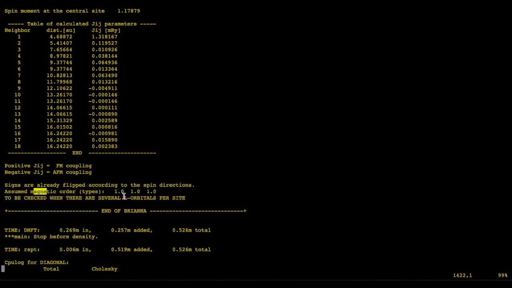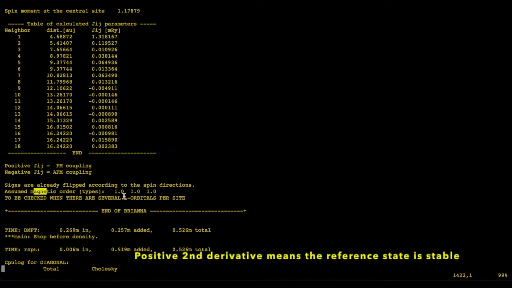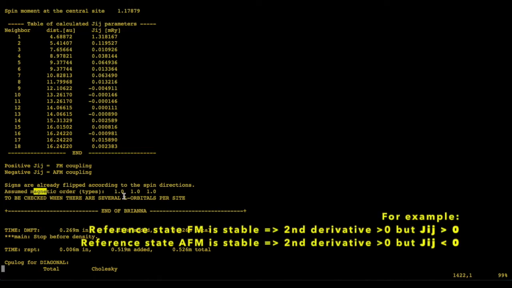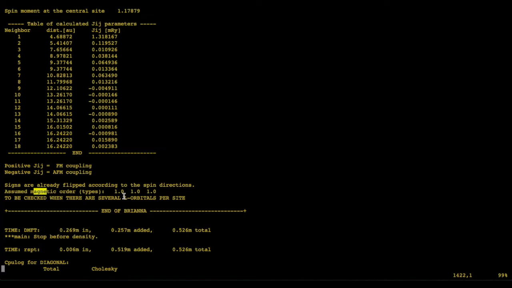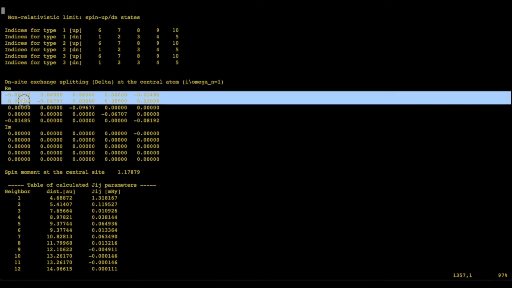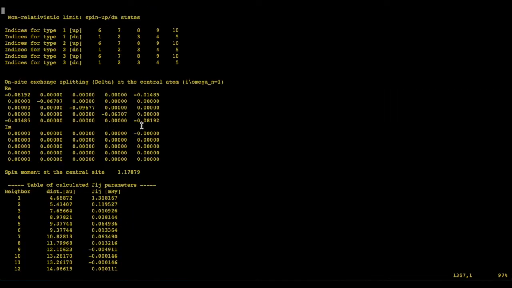In principle, what the code does, it calculates the second energy derivative with respect to the spin rotations. In order to get a value of a jij, we also have to know the magnetic reference state we are dealing with. What is done inside RSPt is that the code analyzes the exchange splitting, it takes its trace and checks whether it's positive or negative.